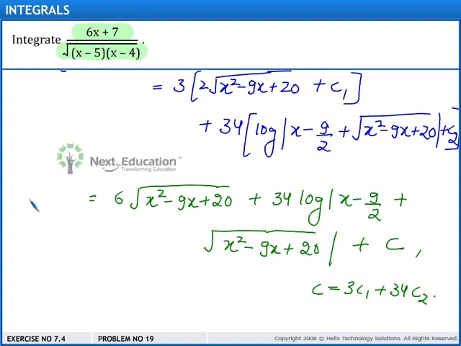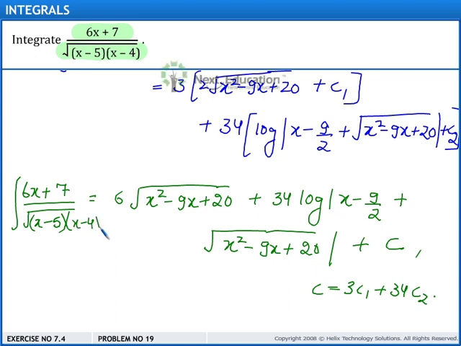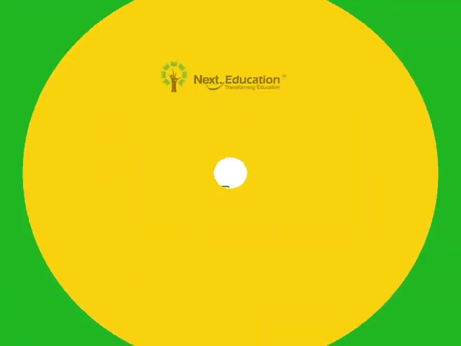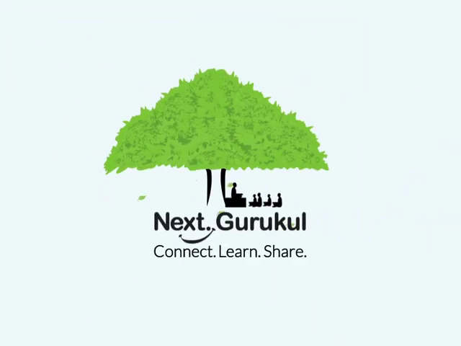So this is equal to the given integral of (6x + 7) divided by the square root of (x − 5)(x − 4) dx. This completes the solution.